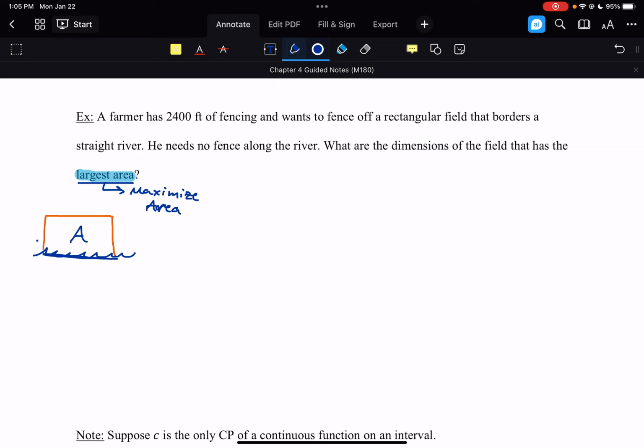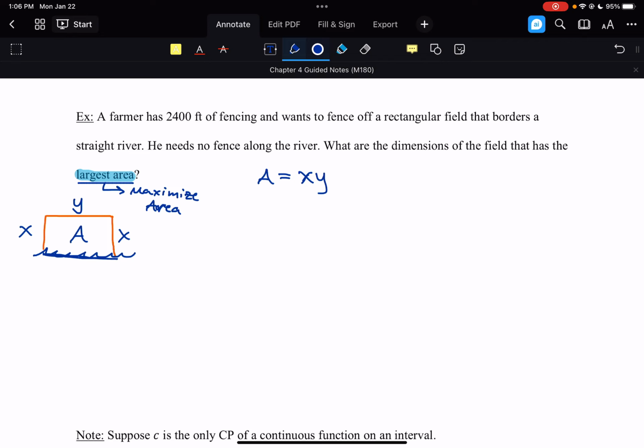Now we need to go ahead and establish some variables for these side lengths here. So we'll just call this side X and this side Y. You can call them whatever you like. But we're trying to maximize area. So if we establish our formula, area of a rectangle is just width times length. So just X times Y.